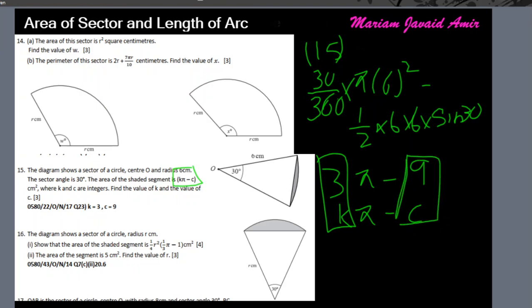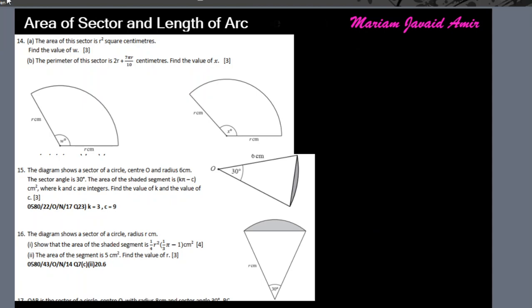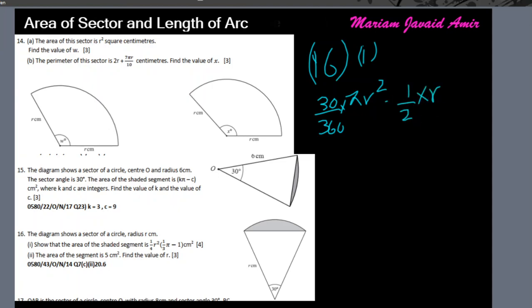Okay. Question 16. The diagram shows a sector of a circle with radius r. Show that the area of this shaded segment is this. So for the area of the sector, we know the formula theta over 360 times pi r square, minus the area of the triangle, half into r times r, which is r square, times sine 30.